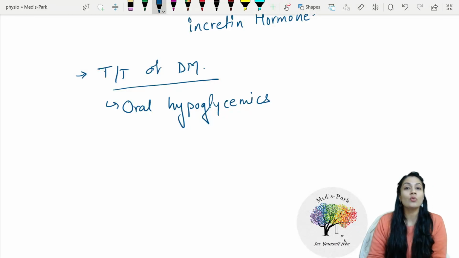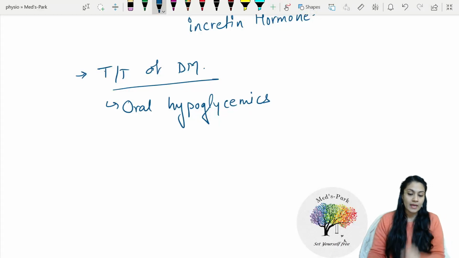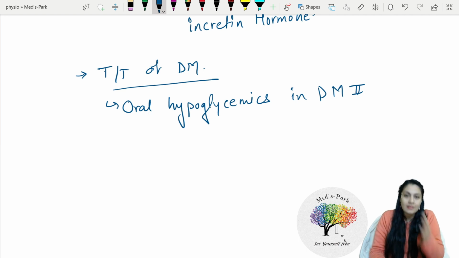Second, when you take something orally, it goes into the GIT and stimulates these two hormones, and via these two hormones the insulin release will be at max, especially in type 2 diabetes mellitus, because in type 1 the synthesis is hampered, not the stimulation. So we cannot give it in type 1, but definitely in type 2.